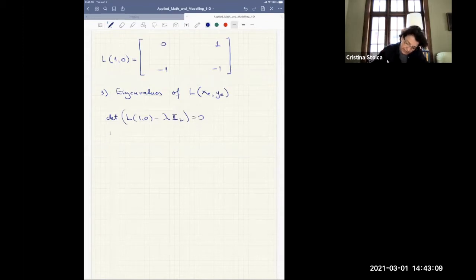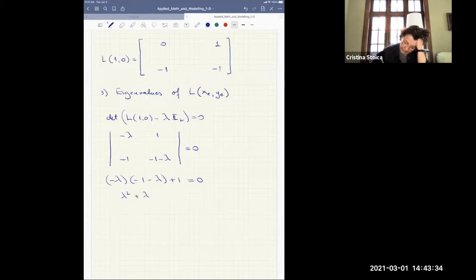So in this case, the determinant of minus lambda, 1, minus 1, minus 1 minus lambda equals 0. So we end up with minus lambda times minus 1 minus lambda plus 1 equals 0, or lambda squared plus lambda plus 1 equals 0.